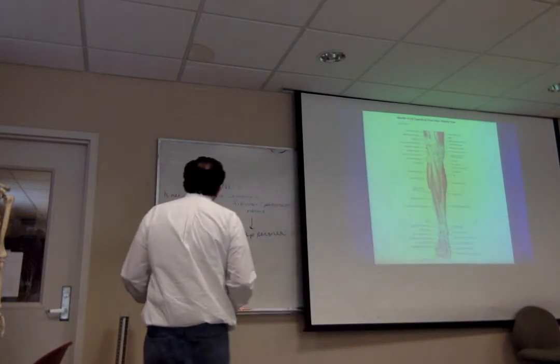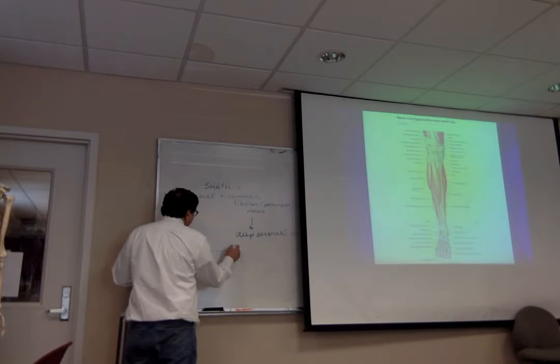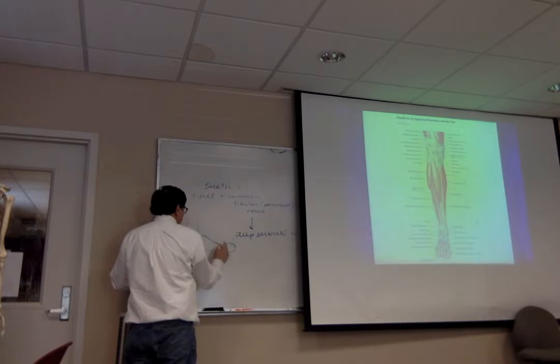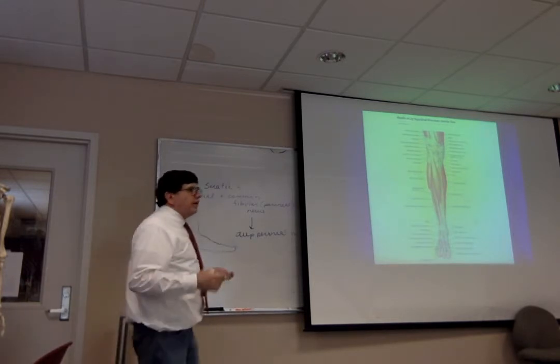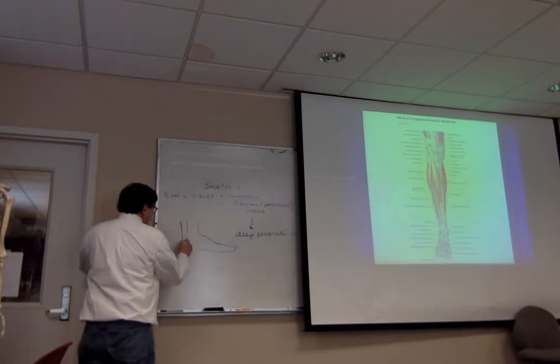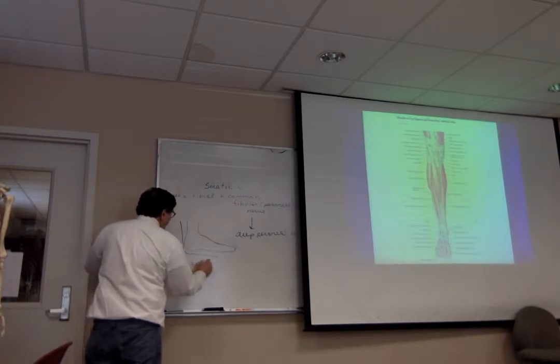And what they have to do then is they have to be fitted for an AFO. If that happens, they're fitted with what's called an AFO. It's a brace, which stands for an ankle foot orthotic.